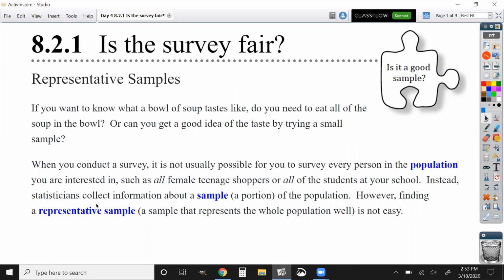Instead, statisticians collect information about a sample, a portion of the population. However, finding a representative sample, a sample that represents the whole population well, is not easy. So today is about how we know what a good representative sample looks like.